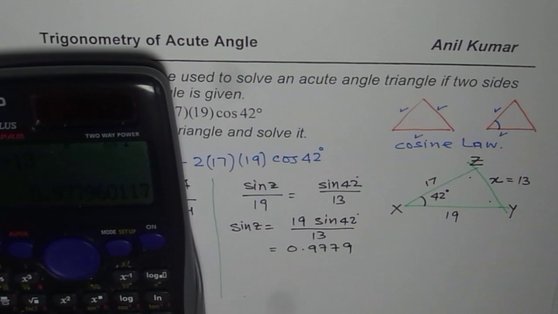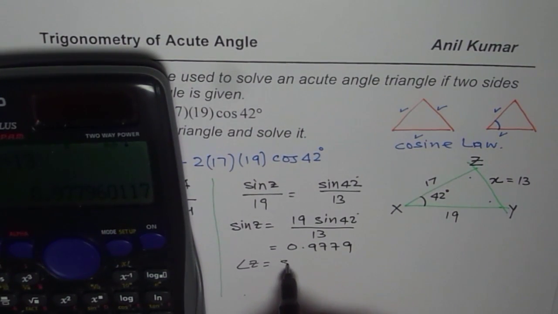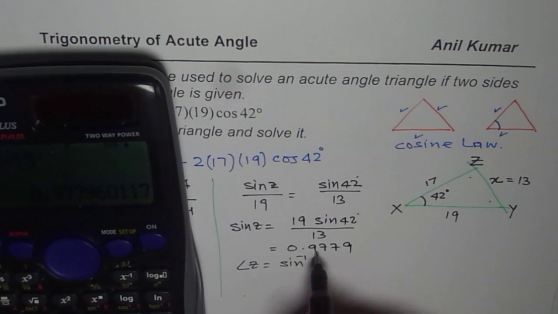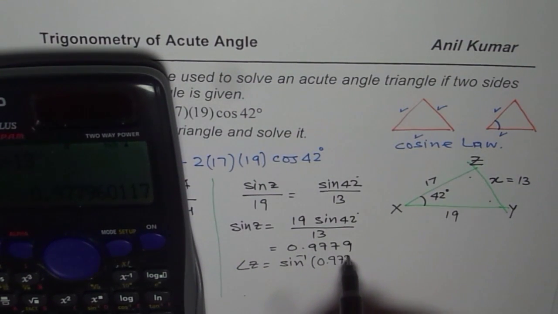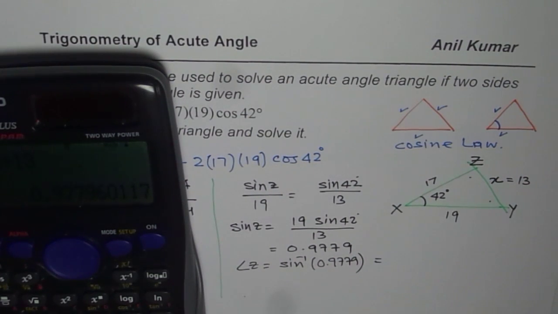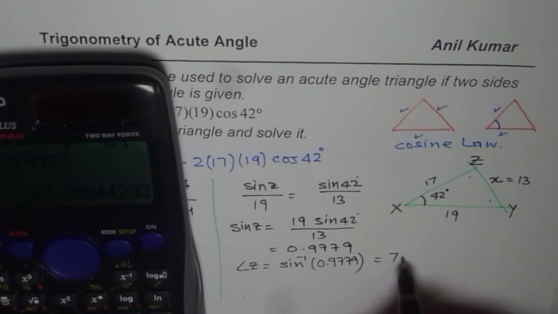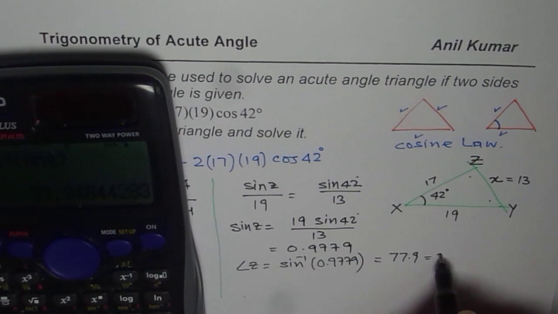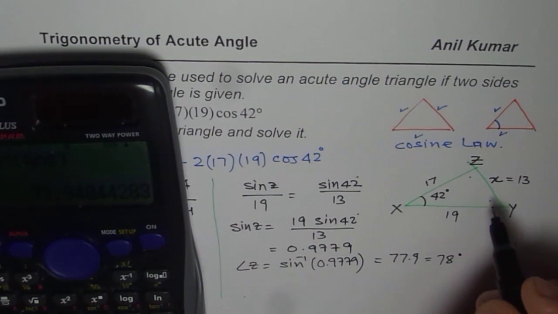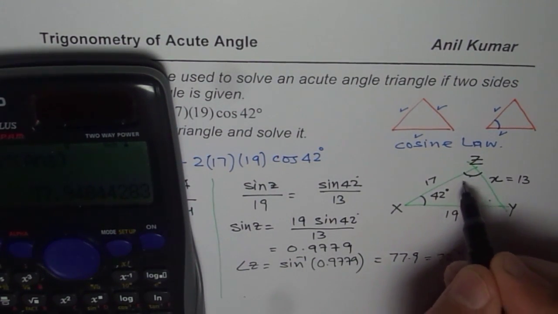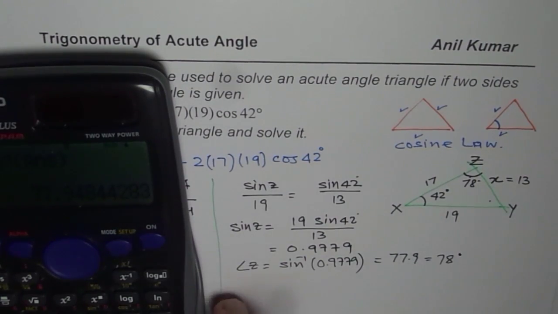Keep that value and find sine inverse, because we are really interested in finding the angle z, which is sine inverse of all this. Do you get the point? 4 decimal places is minimum you should take. Okay, so we do second function, sine inverse of our answer, and then say equal to, we get 77.9, which is 78 degrees. So we get z as 78 degrees.